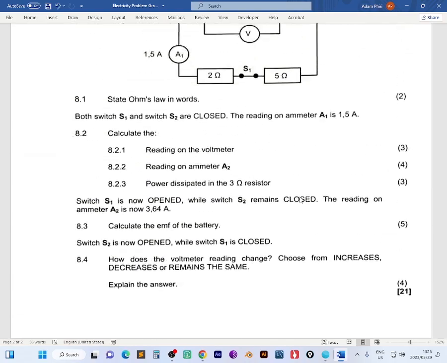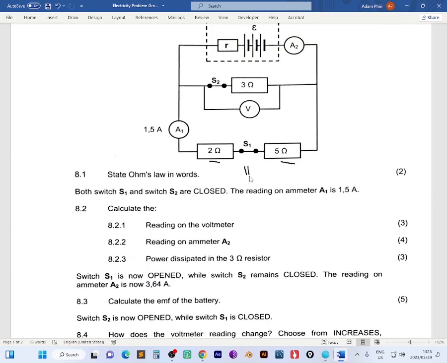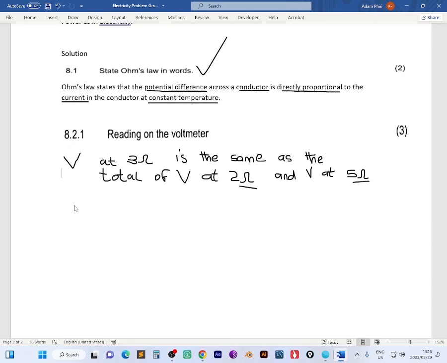Those are in series, so you have to find the total resistance. The total resistance in this case will be 7 ohm, because in series you just add. It's the simplest thing you can do. Adding those gives us 7.